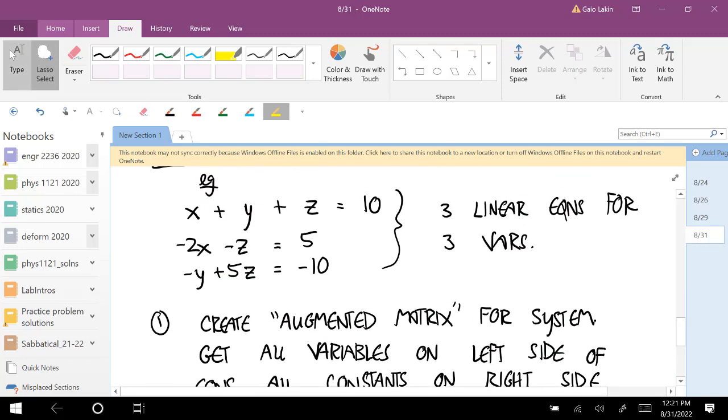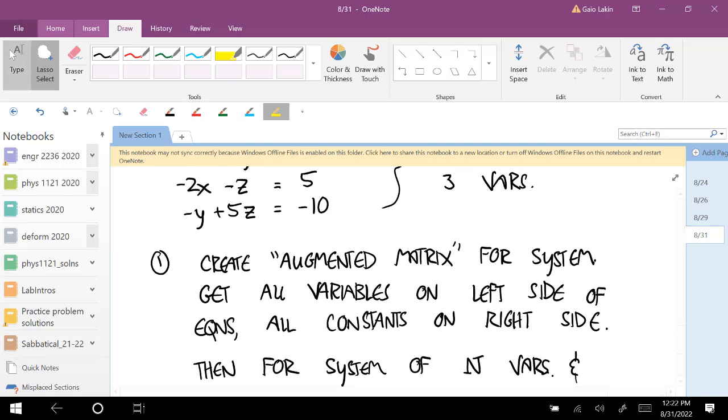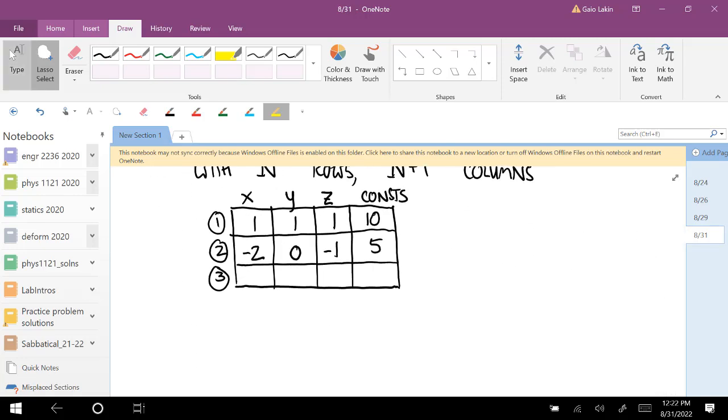And then the last one, the coefficient of x is 0, y is -1, z is 5, constant is -10. So 0, -1, 5, -10.